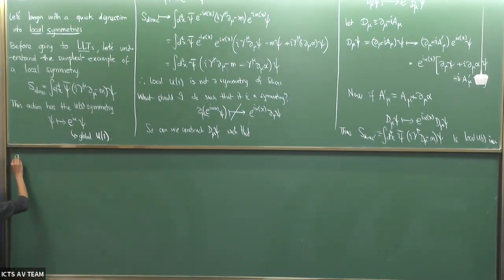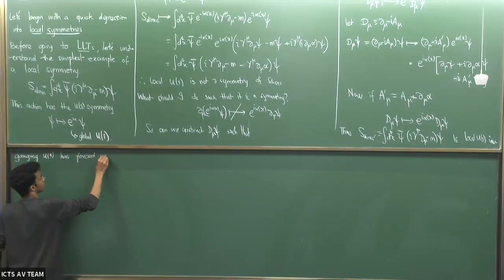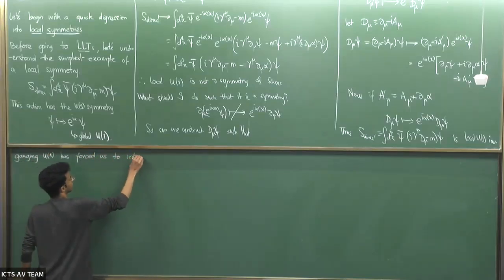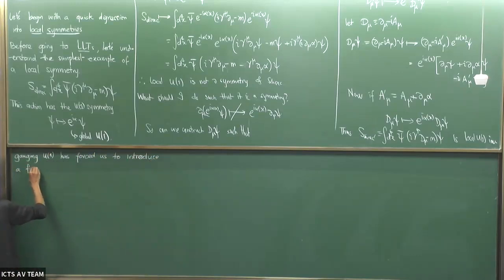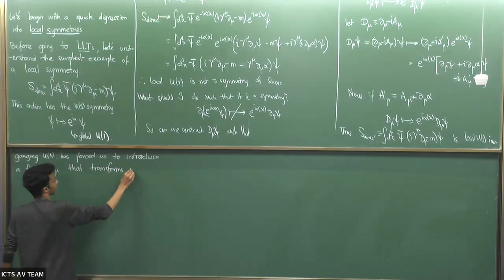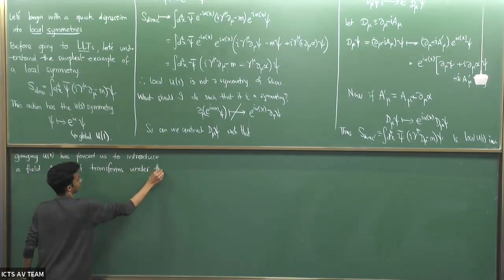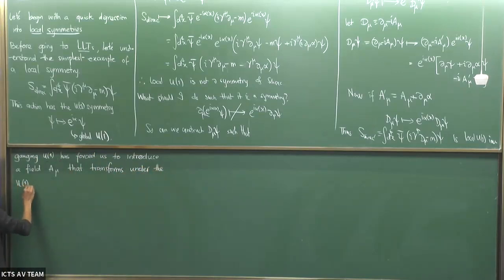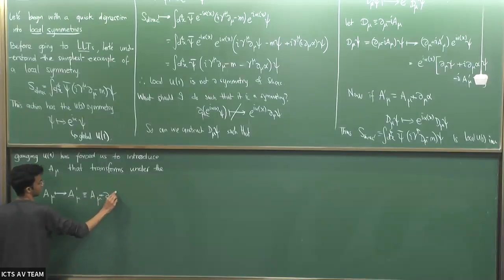So gauging U1 has forced us to introduce a field A mu that transforms under the U1 as A mu going to some A mu prime, which is equal to A mu plus del mu alpha.